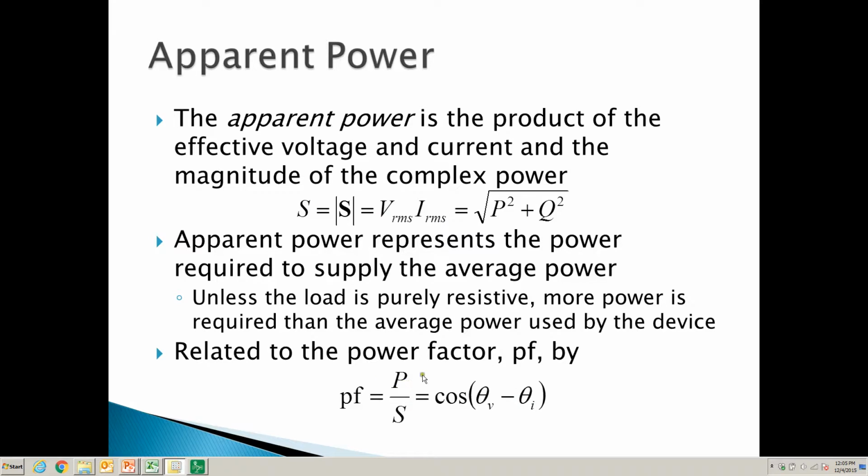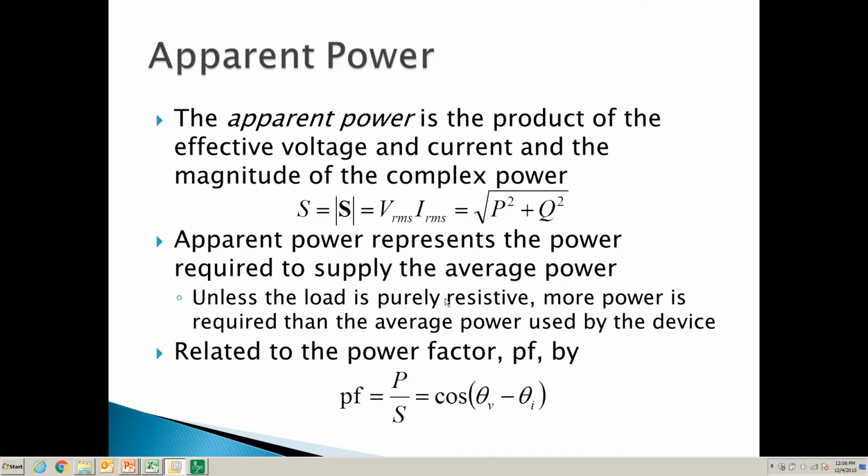So it's the rate at which useful power is changing electrical energy into another form of energy, the ratio between that and the amount of total power that has to be supplied to the system. So this is sort of an efficiency rating on our transfer of electrical energy from electrical form to some other form of energy.